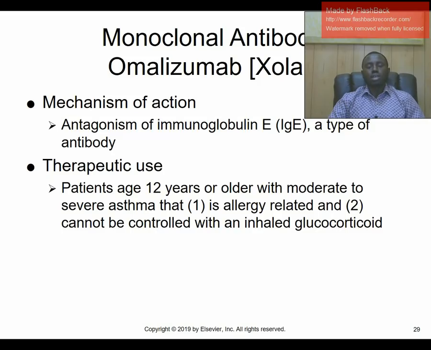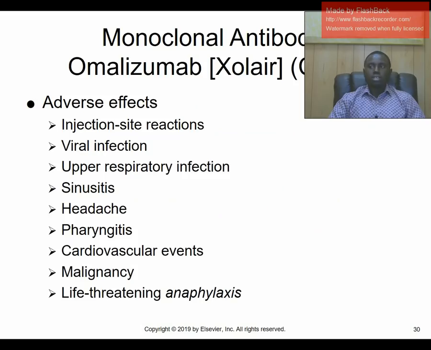That is, your asthma is not controlled by glucocorticoids. This is because this treatment can be expensive. It can cost more than $10,000 a year. The solution, which is viscous, is administered subcutaneously. So this is a subcutaneous treatment.